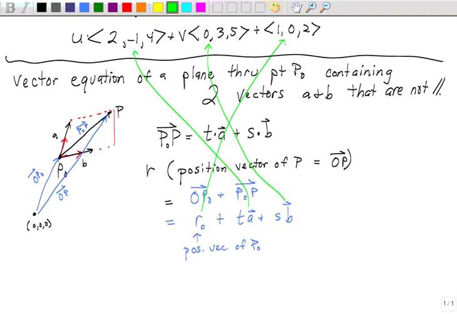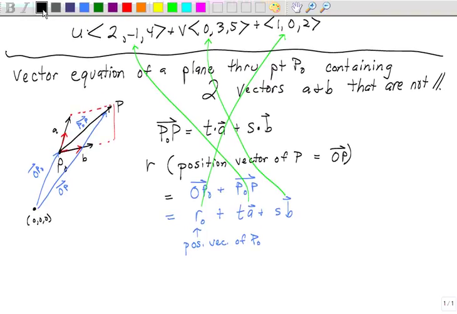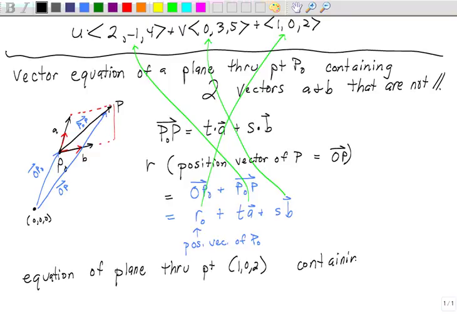So that right there is the equation of the plane through the point 1, 0, 2, containing the vectors 2, negative 1, 4, and 0, 3, 5.